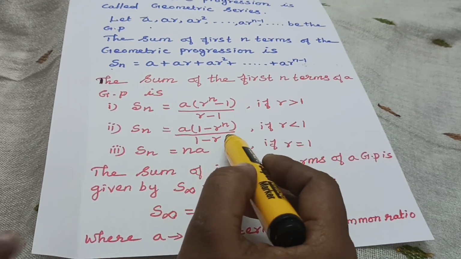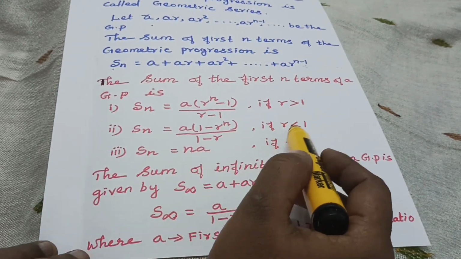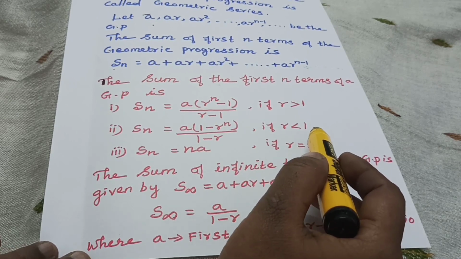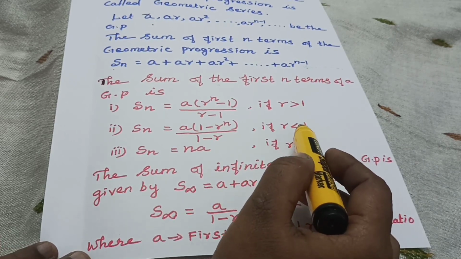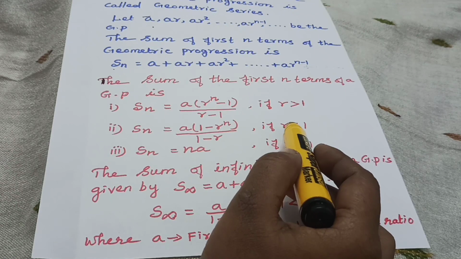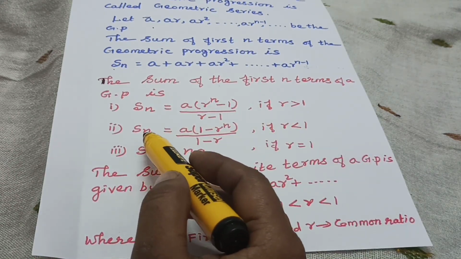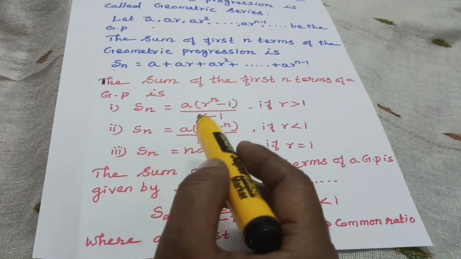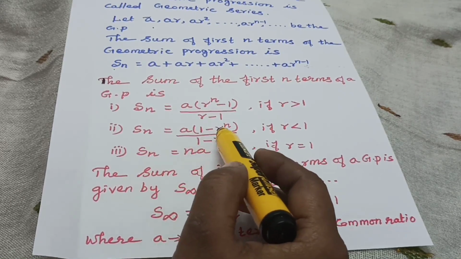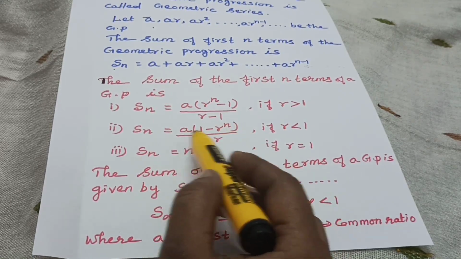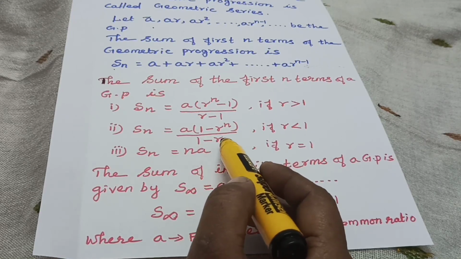When we have to use this formula? If r is less than 1, first we have to find out the r value. If the r value is less than 1, we have to use this formula: Sn equal to a into 1 minus r power n divided by 1 minus r.